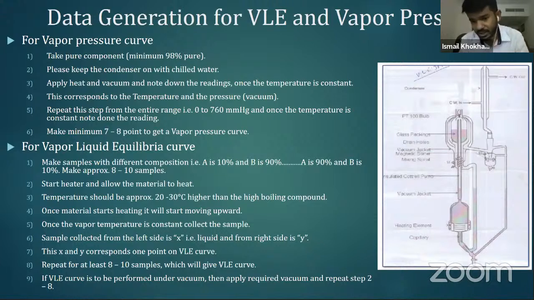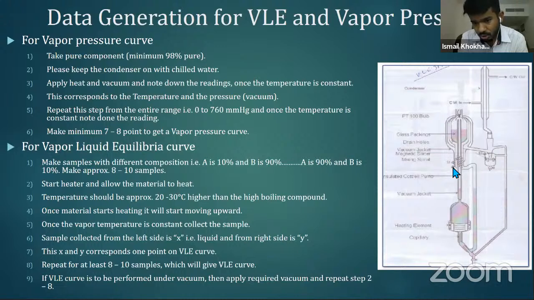Because of the capillary action, you can see the liquid and the vapor going in the upward direction. Once it goes up into the top bulb, there is an arrangement to check the temperature of the vapor and liquid, and there is an arrangement where the liquid again settles down here.